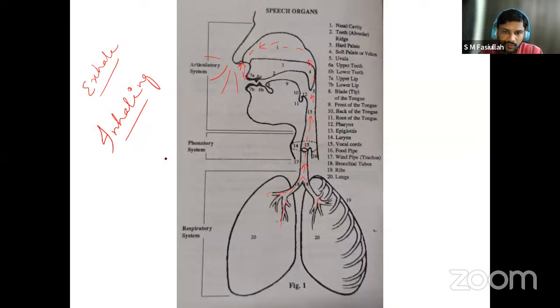Now you pay attention: are we able to produce any sound as human beings while we are taking air in or while we are sending air out? What do you think? Do we produce sound when we are taking air inside or sending it outside? Can you make a guess?